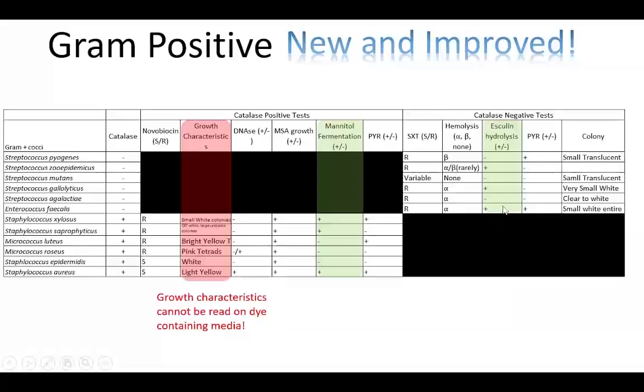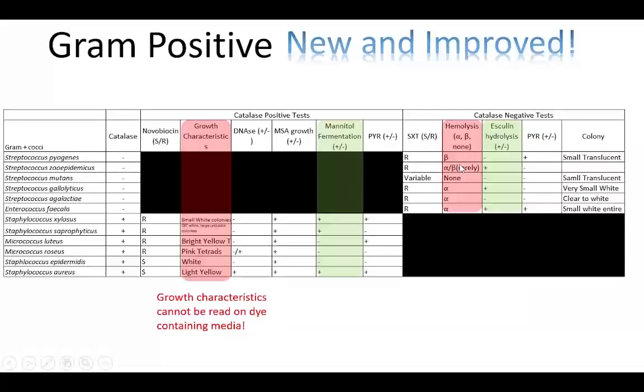And these ones are great, but sometimes it'll be kind of this light, faint coloration. It's not going to be as strong, especially with Enterococcus faecalis. Especially with zooepidemicus, that one tends to be just a slight weak production. So if you got one that's growing there, creating that dark coloration, but it's kind of light, that's okay.